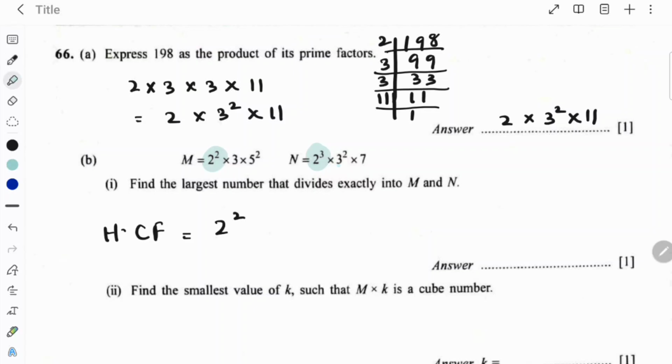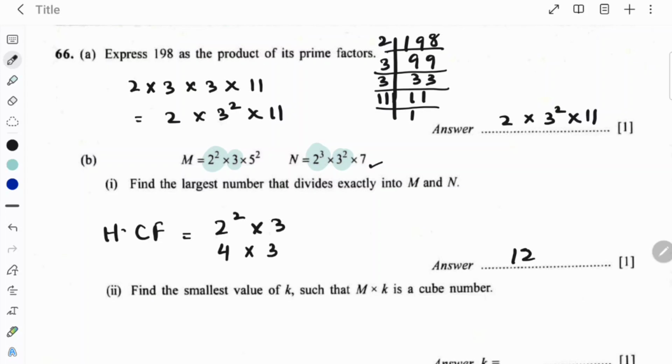Alright, so between 3 square and 3, so I'm going to write down only 3. 5 square and 5 is not there, so I'll not write down, it's not common. And 7 is there in n but not in m, it's missing, so I'll not write down. Okay, so 4 times 3 is 12. It means that these two numbers m and n, they are coming in the times table of 12 together, which is the highest number, highest table.